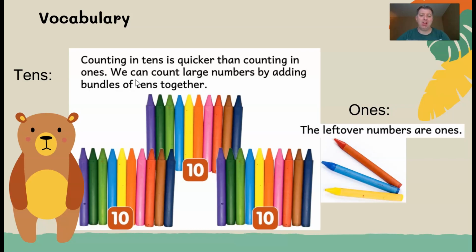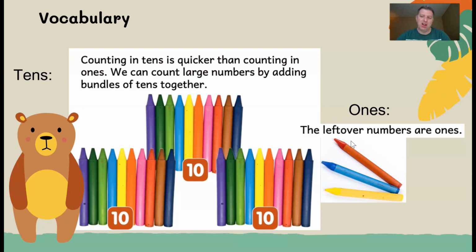We can count large numbers by adding the bundles of tens together, right? So we have 1, 2, 3 sets of crayons, 3 sets of tens. There are 3 tens of crayons. And then I have some left over. We call these leftover ones ones. The leftover numbers are ones. So I have 3 tens of crayons and 3 ones.